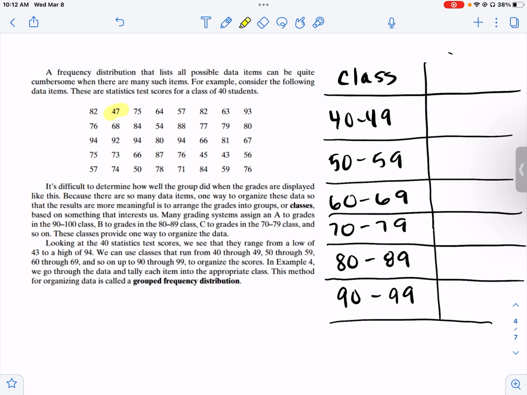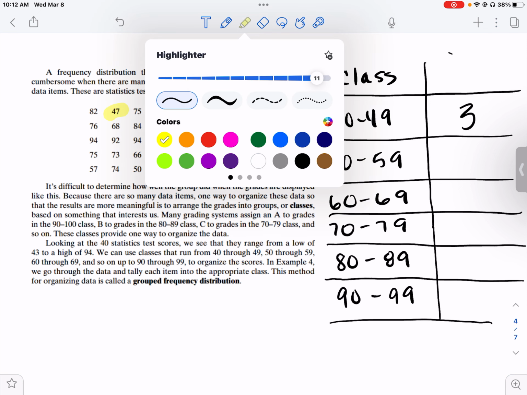So let's look at everything in the 40s. I've got 1, 2, 3. So there's 3 things in the 40s. Let's go to the 50s. I'm going to use another color for the 50s.